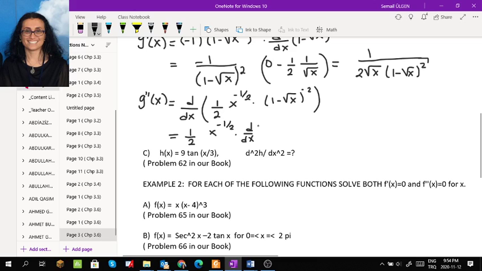Here we are going to write the derivative of the second one, which is 1 minus square root of x to the negative 2. We are doing the product rule, and take the derivative of the first. Since this is a constant, I just take it out, times the second one.